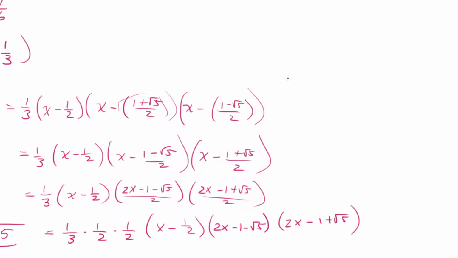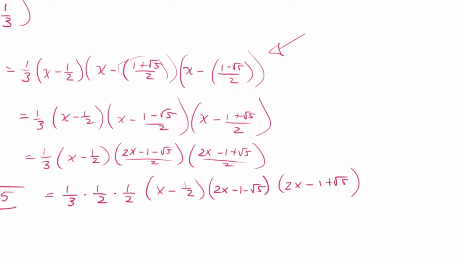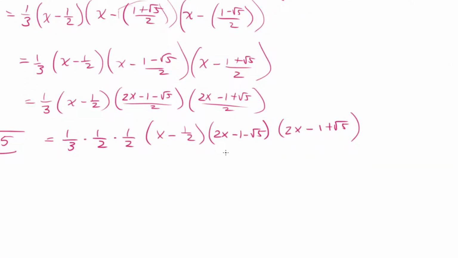Now, for my students, this right here will be the last step on the test, but I'm just showing you how much we can get this simplified. Okay, so in this case it will be 3 times 4 is 12, x minus 1/2 times 2x minus 1 minus radical 5, and 2x minus 1 plus radical 5.